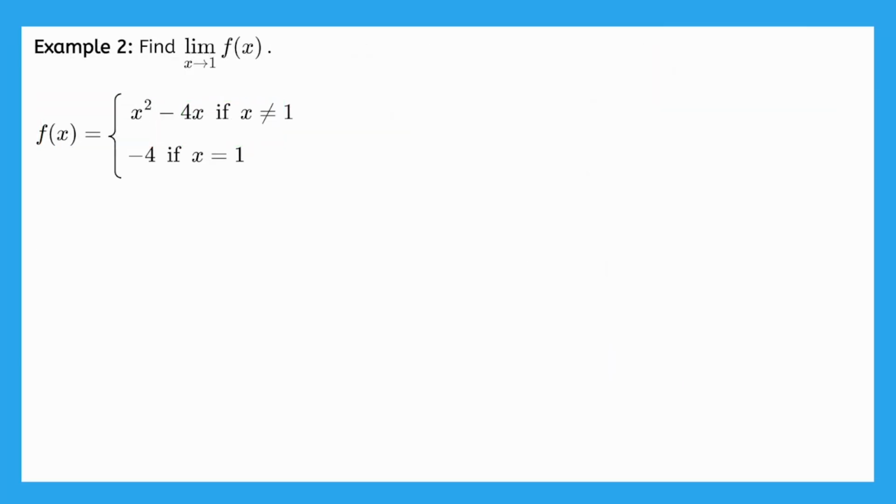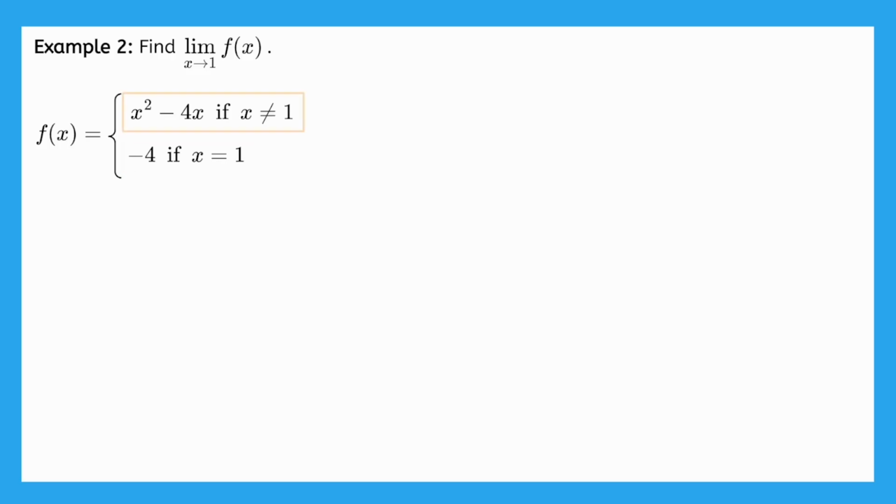Here's a piecewise function f. Find the limit of f of x as x approaches 1. Pause the video and try it out. Function f is equal to x squared minus 4x everywhere except at x equals 1, and then at x equals 1, it's equal to negative 4. But we don't care about what happens at x equals 1.